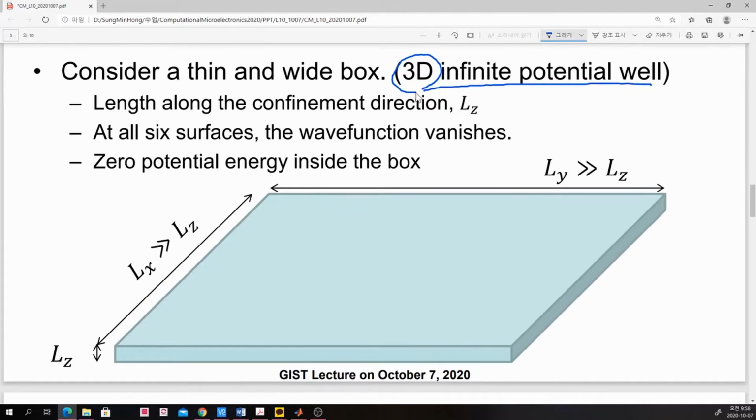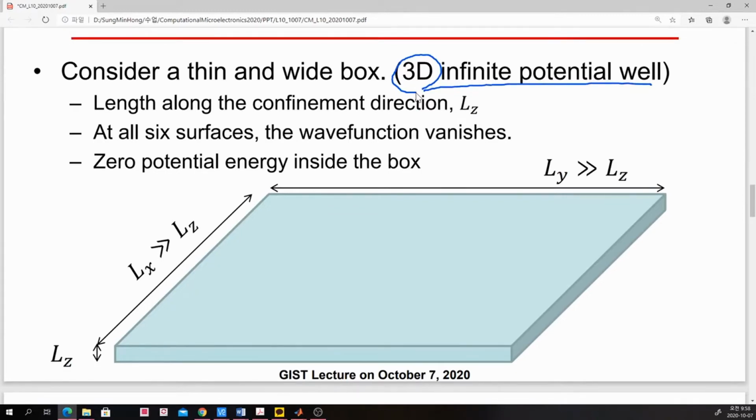If you come from the physics department, you have already solved it quite many times. Among many possible 3D infinite potential wells, we are currently assuming that only Lz, the z-directional size of our box, is particularly small.